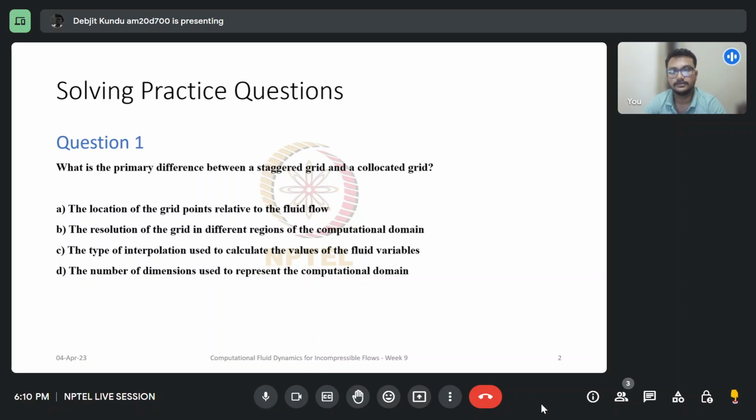Option B, the resolution of the grid in different regions of the computational domain? Or is it C, the type of interpolation used to calculate the value of the fluid variables? Or is it option D, the number of dimensions used to represent the computational domain? Which one would it be?